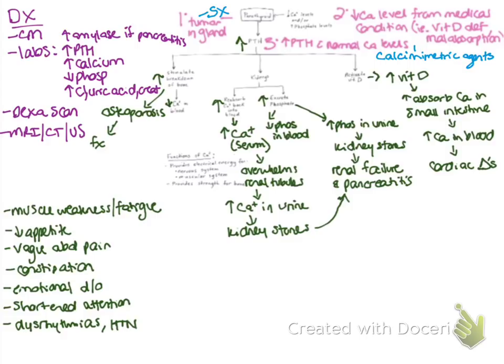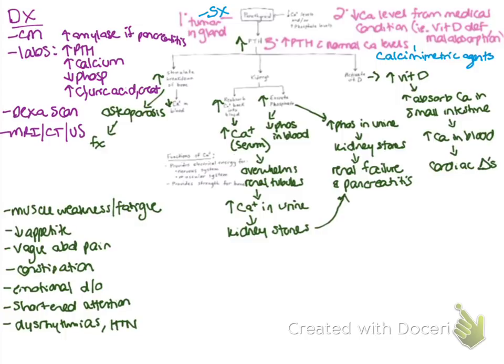All right, so treatment. If there is a tumor, we do surgery to remove the tumor. If there's low calcium levels or decreased calcium intake or decreased calcium because of some kind of medical condition, then we can take these calcimimetic agents.